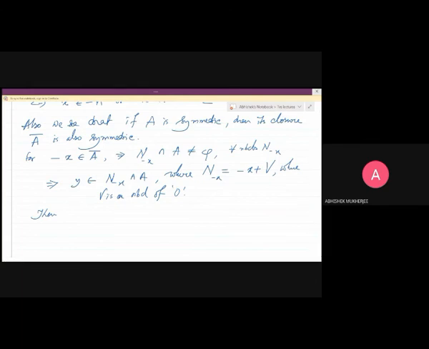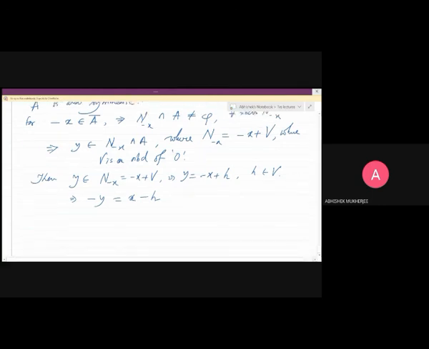Then y belongs to N of minus x, which is equal to minus x plus V, implies y is equal to minus x plus some h, where h belongs to V. That means, what is minus y? It is x minus h.